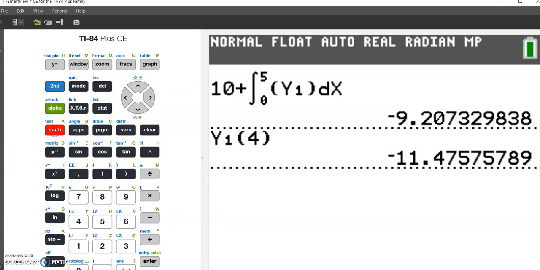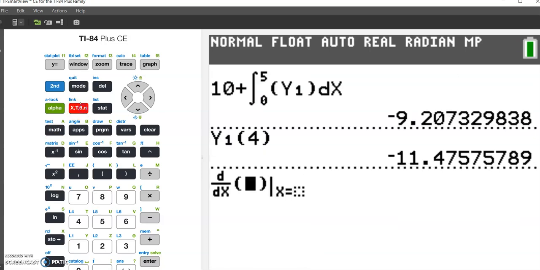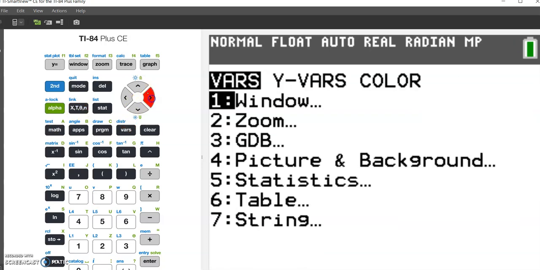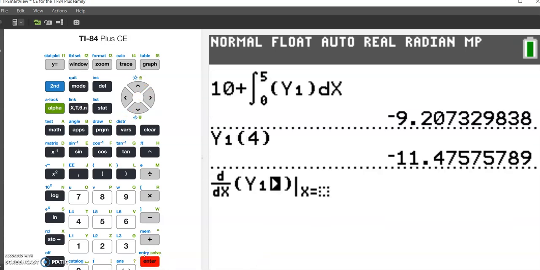And then you can take the derivative on your calculator at 4.